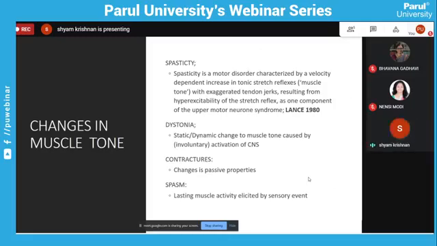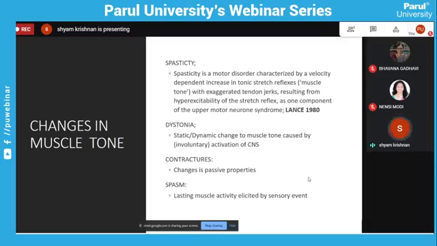Now, velocity dependent means that when you are trying to move a joint, you have a choice of how to move it. Imagine you're going to a patient, and again we'll take the example of the elbow. You want to extend the patient's elbow from a flexed position. You have a choice of doing it at different speeds.